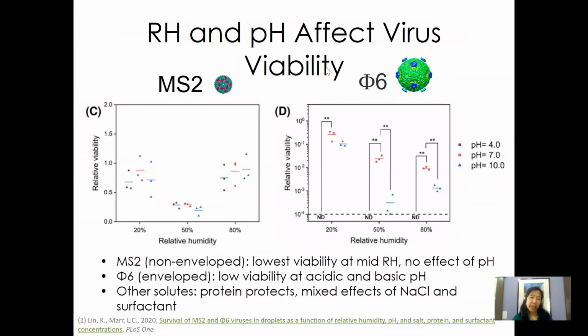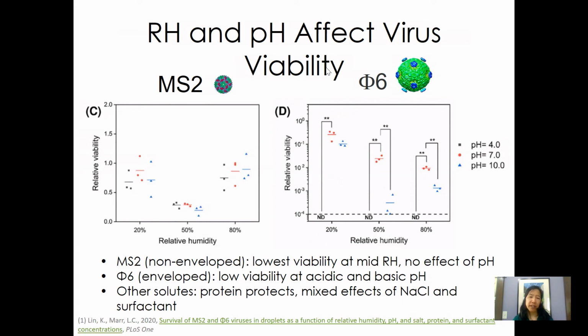And then it's really the combination of relative humidity and pH that affect virus viability. This is just one example from the applied microbiology, but I think that this example here would have relevance for abiological chemistry of VOCs or of organic compounds and other things that we're interested in indoor air.